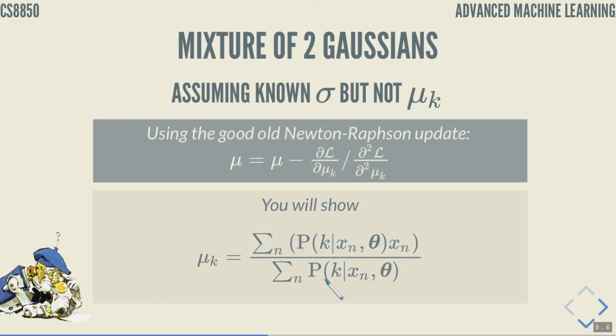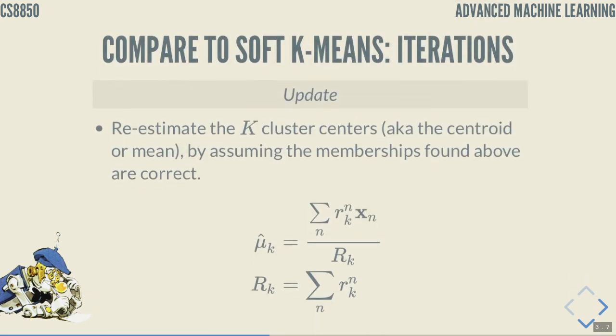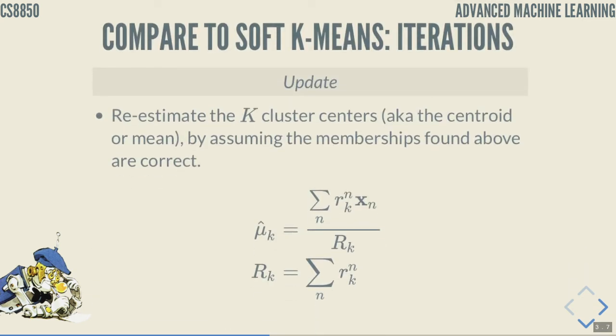Does it remind you of anything? I hope it does, because remember, in the last lecture, the k-means, soft k-means, and hard k-means update was exactly this. It was the sum across all the points with responsibilities times the values, normalized by the sum of responsibilities.